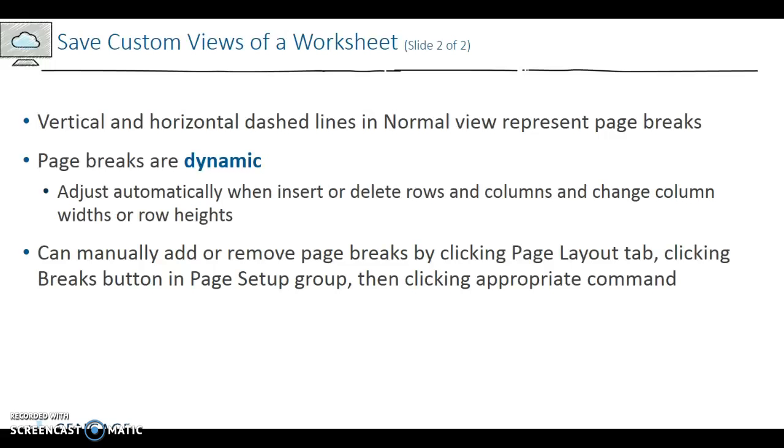You can manually add or remove page breaks by clicking on the Page Layout tab and then clicking on the break buttons in the Page Setup group and clicking the appropriate command. This can be effective when you want to have certain parts of a worksheet appear, and you can put a page break in so that everything that you want appears on page 1, and then there's a break, and then the second part of your data appears on page 2.